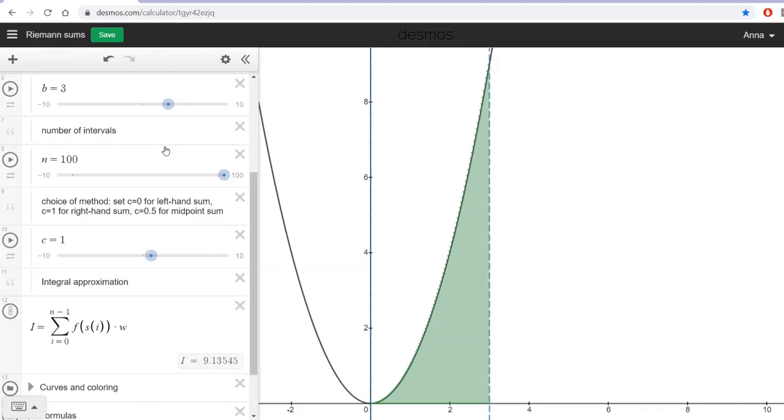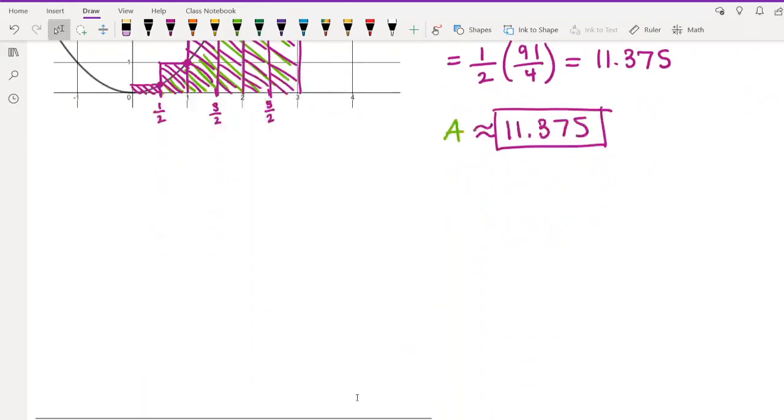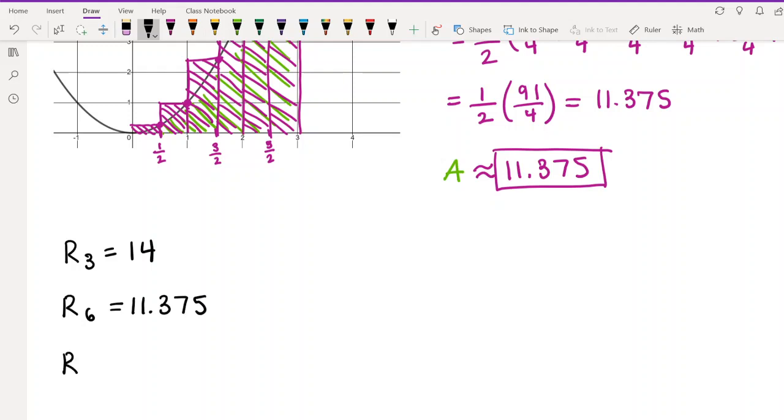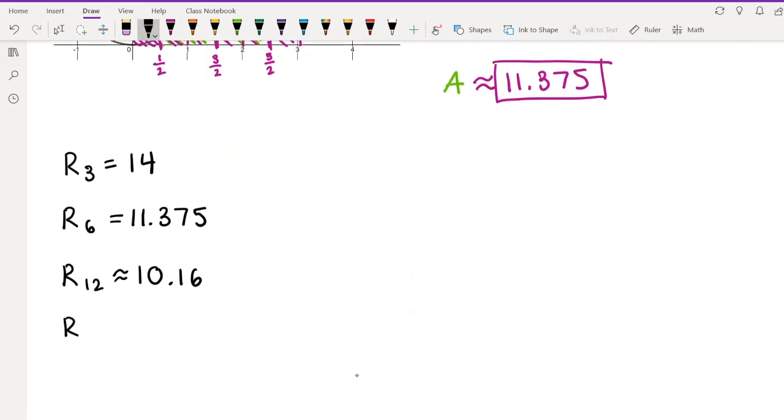But let me write down a couple of these things. I just want to summarize so we can really take a look at the trend. We saw that R3 was equal to 14. Then R6 was equal to 11.375. Then, not by hand, but on that calculator, we saw that R12 was equal to 10.16, which I rounded a little bit, but that's okay.